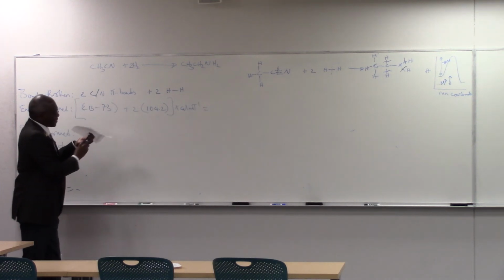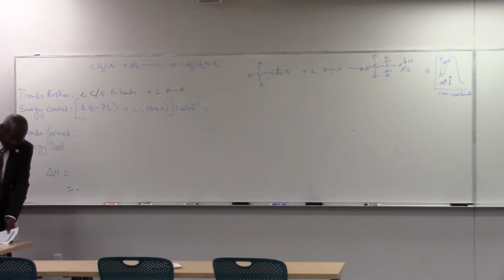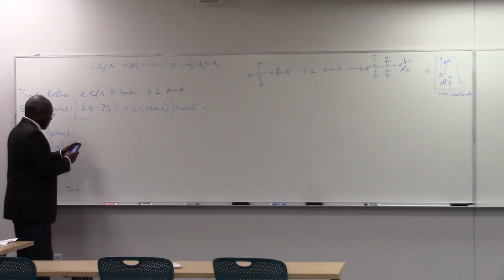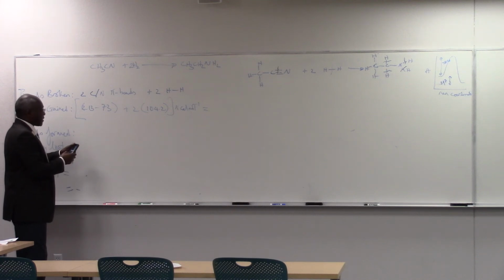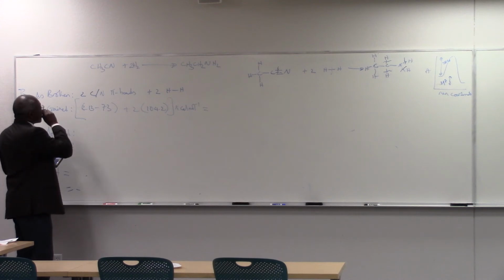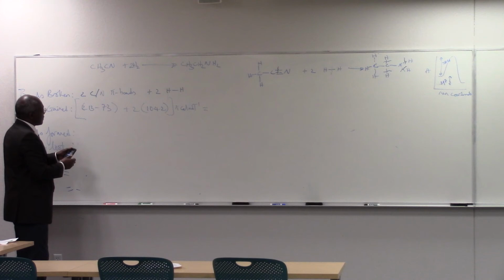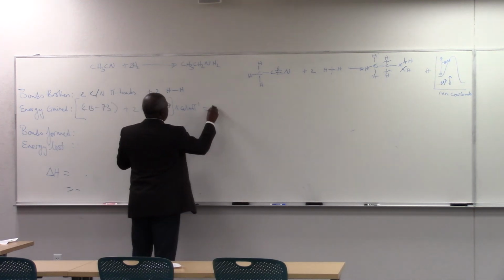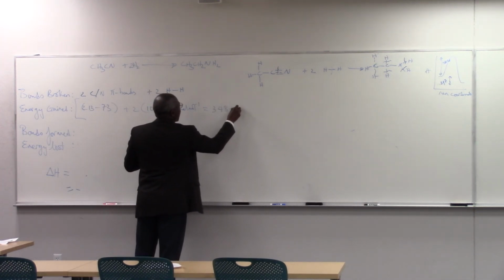And that total is, let's see, 208.4 plus, that's 30, that's 40, that's 150, plus, so that's 348.4 kcals per mole.